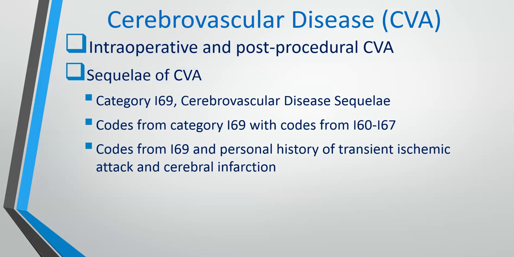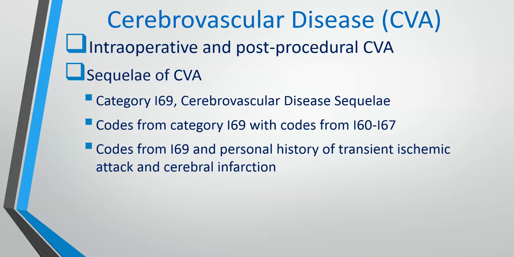Codes from category I69 may be reported with codes from I60 through I67 when current cerebrovascular disease and residual deficits from an old cerebrovascular disease actually coexist. So someone can come in with a new CVA or stroke and still have previous deficits from an old stroke. So you can definitely code both of those things together.